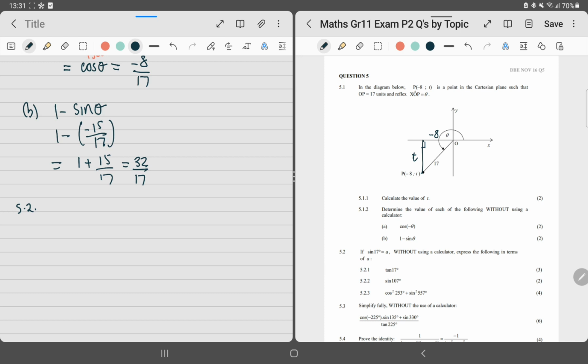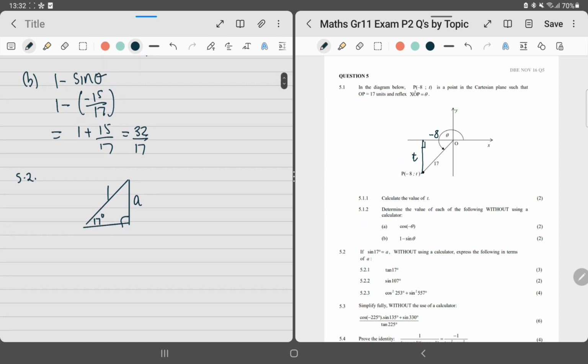5.2. If sine 17 is equal to a, without using a calculator, express the following in terms of a. They are telling us that sine of 17 is a. So sine is opposite over hypotenuse, which means this is a over 1.